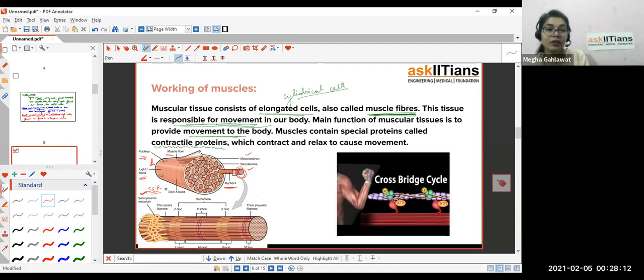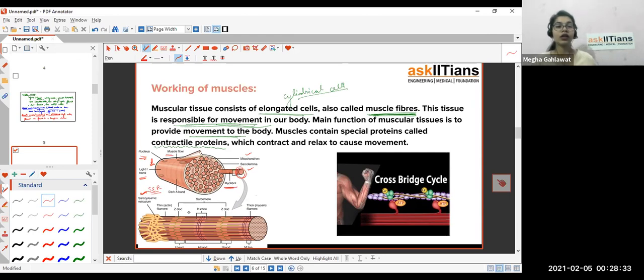The smooth endoplasmic reticulum has a lot of calcium reservoir, and that is why it is called the sarcoplasmic reticulum. Why does it need to have a lot of calcium reservoir? Because those calcium ions are the ones which help in the proper movement of the muscles.